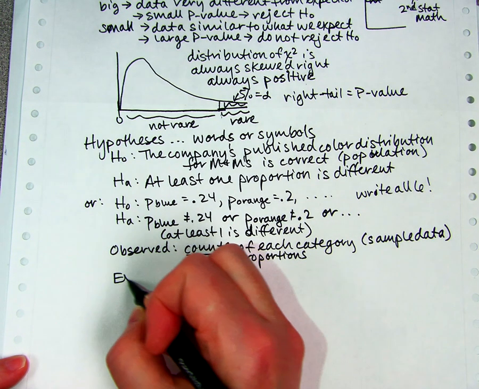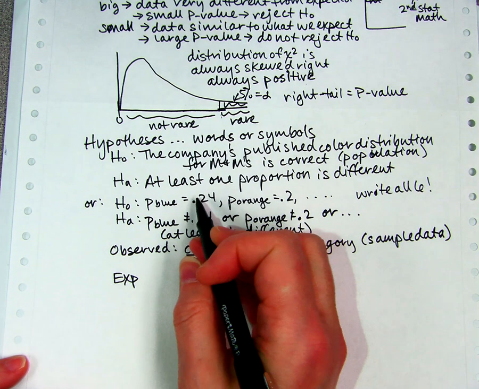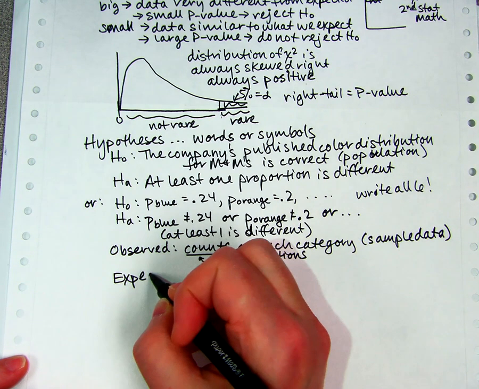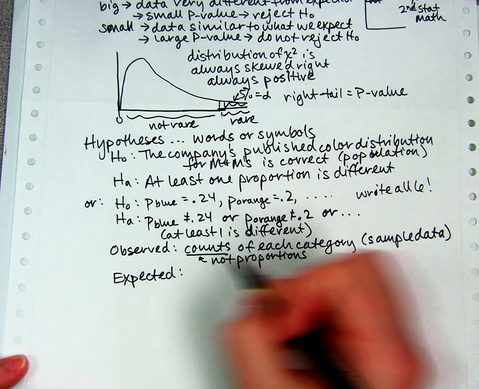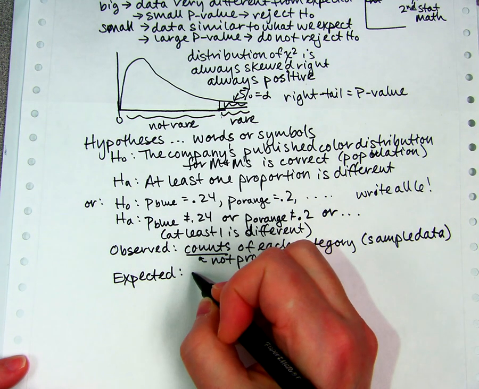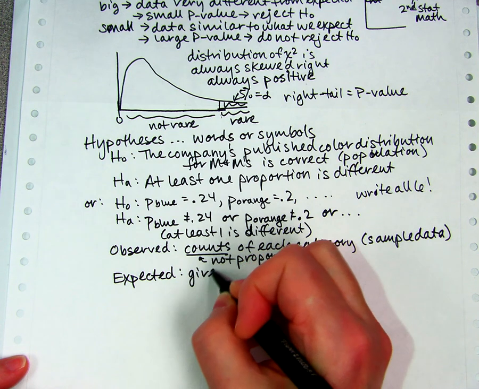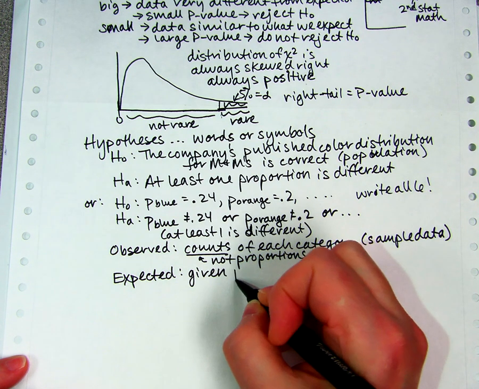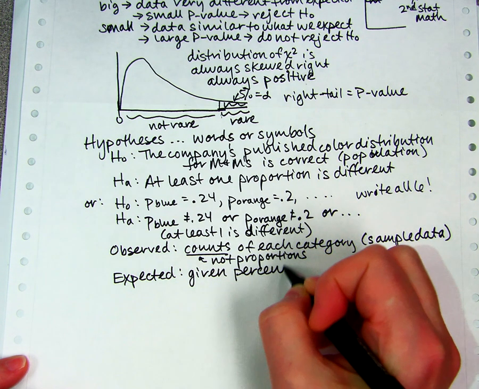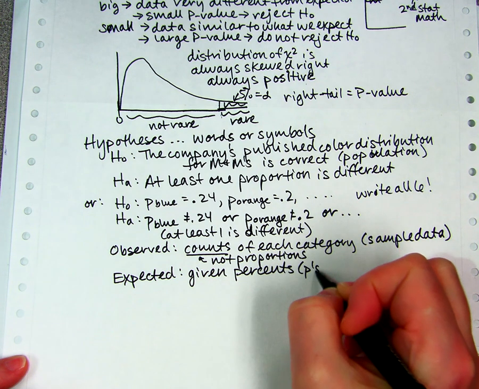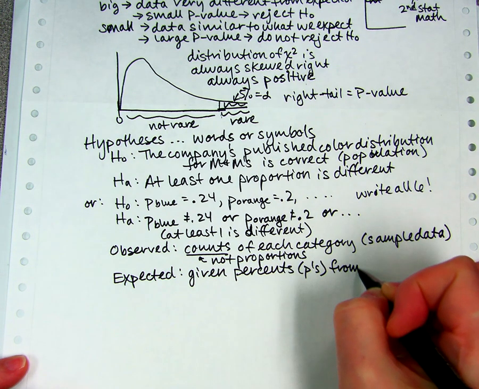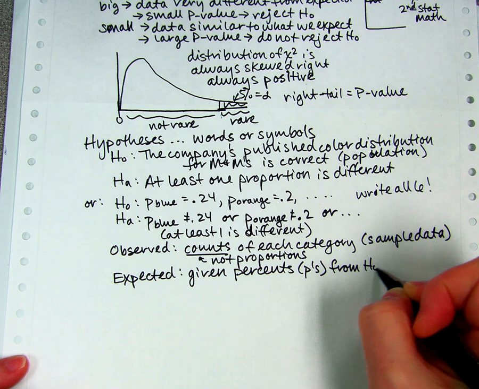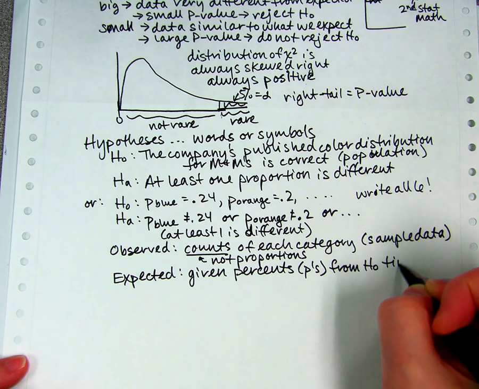Expected values, we use those proportions that were in our null hypothesis to calculate them. So it's the given percentages from the null hypothesis times the sample size.